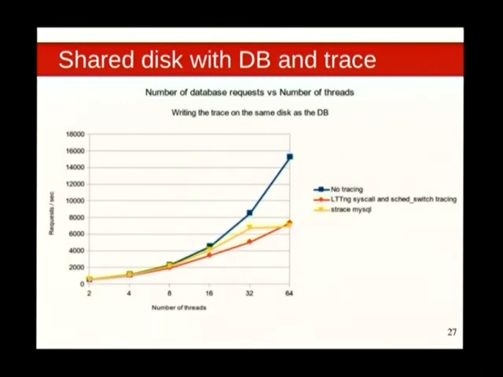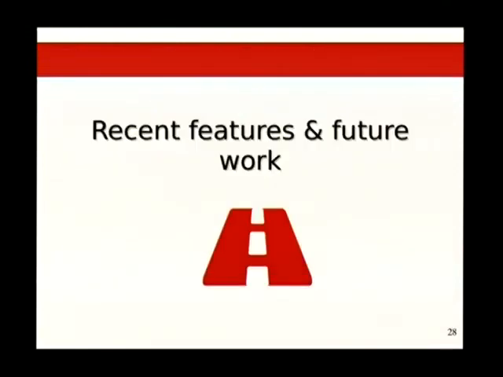It stops scaling and doesn't go linearly, whereas LTTng does. The difference is that we have per-CPU buffers, and we try very hard to avoid cache line bouncing and a lot of the performance problems you have with multi-threaded applications.